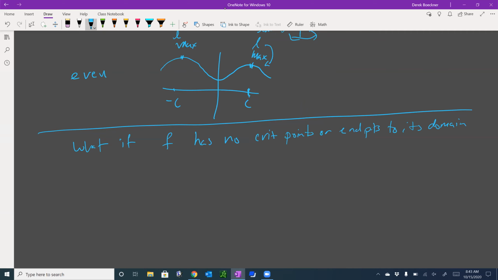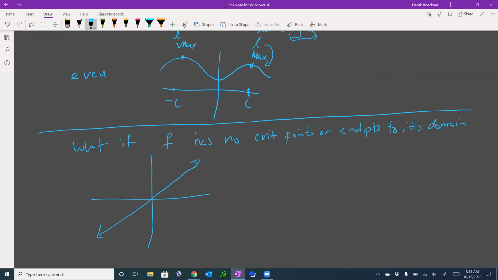What's a function like this look like? Yeah, a straight line's a good example. Domain's everything, no critical values. Does it have any maxes or mins? So you can have functions that don't have any maximums or minimums.